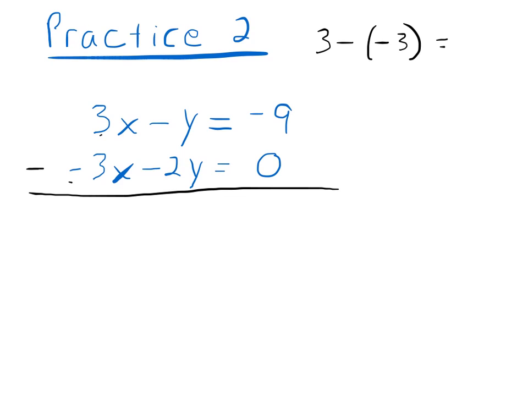If you're not using your calculator, it turns into plus positive, and you're going to find that's 6. Did that eliminate like we wanted it to? The answer is no, so that's not it. So instead of subtracting, we know that we have to add these two equations.